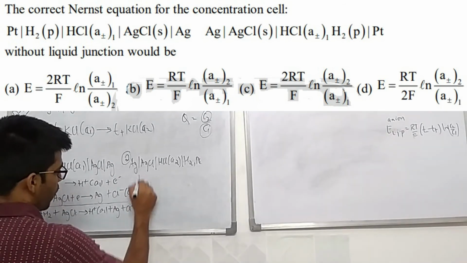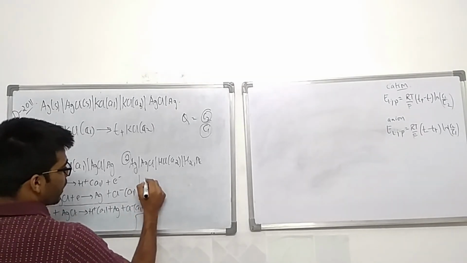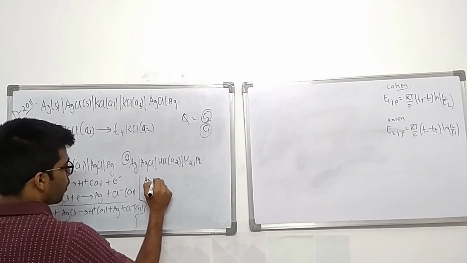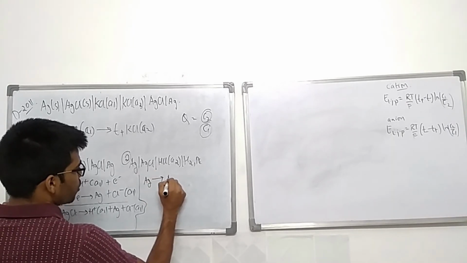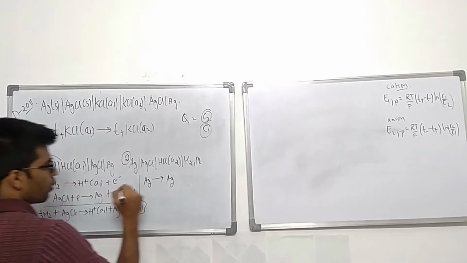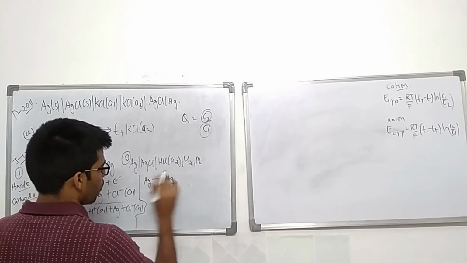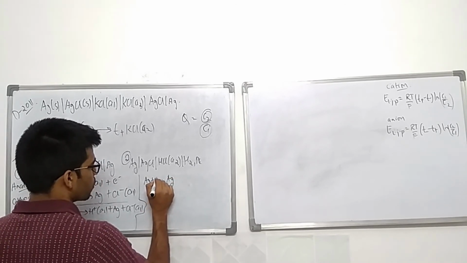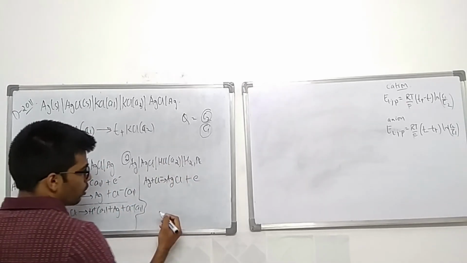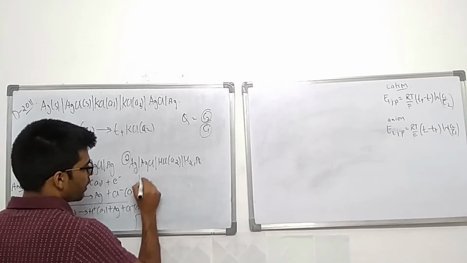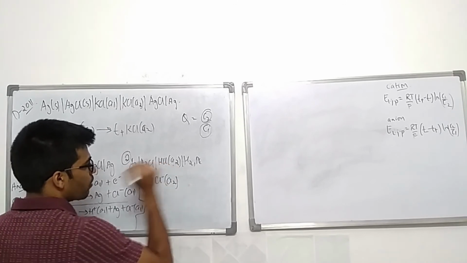Okay. Now if I want to find it for the second cell, again for the anode, what would I get? I would get Ag plus Cl minus gives AgCl plus electron, and the concentration of Cl minus will be A2, it comes from here.